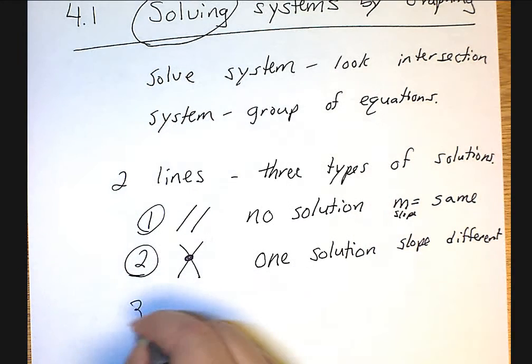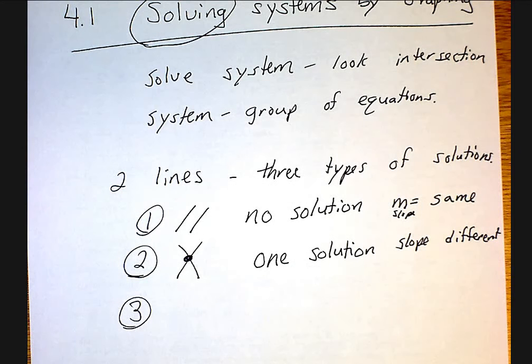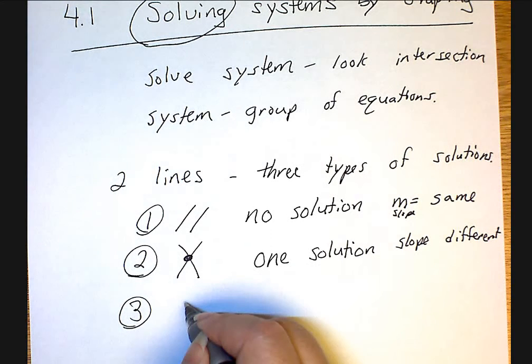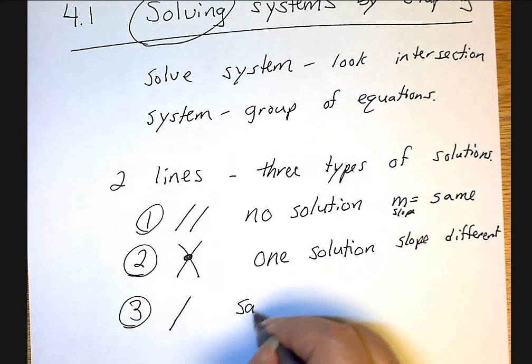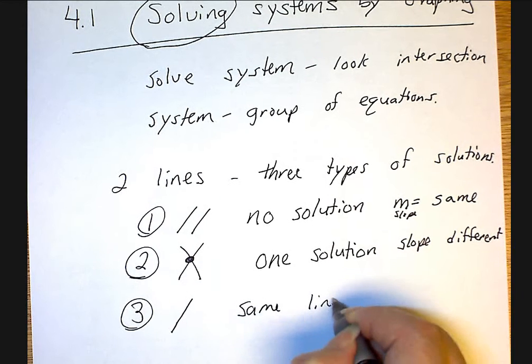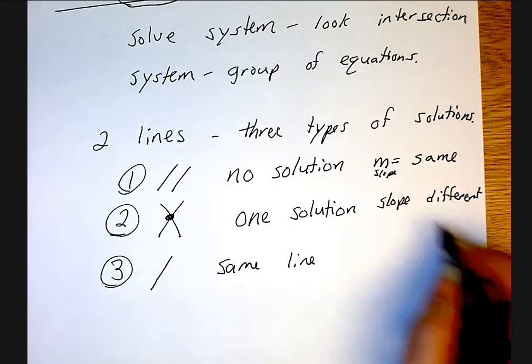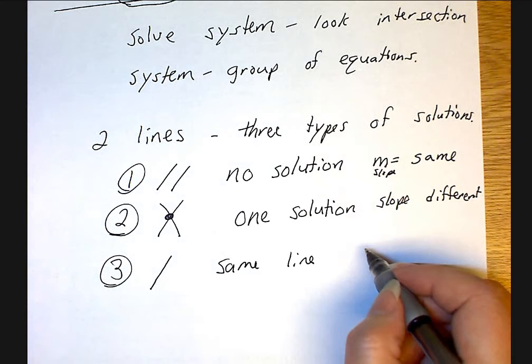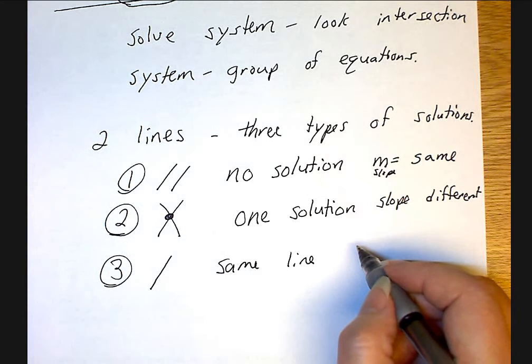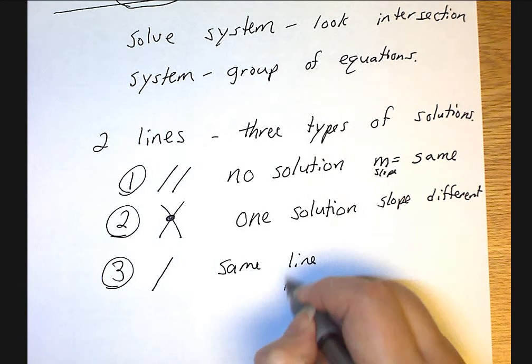And then we have our third type, our last type. The line is the exact same. The same line, that's right. So we have the same line. And Dylan, do you know what would happen with our slope and y-intercept if we had the same line? There'd be infinitely many solutions.